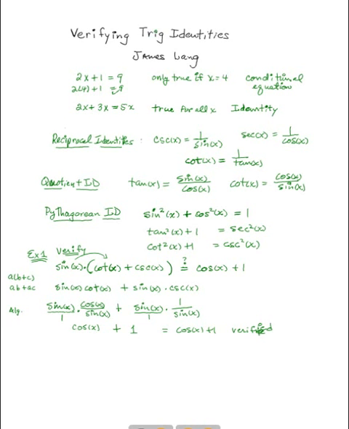Now, example 2 will be the cosine squared of x minus the sine squared of x, all divided by the sine of x times the cosine of x.